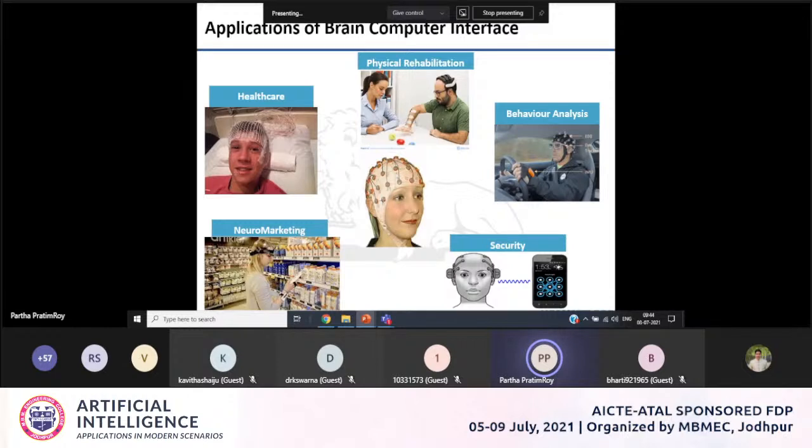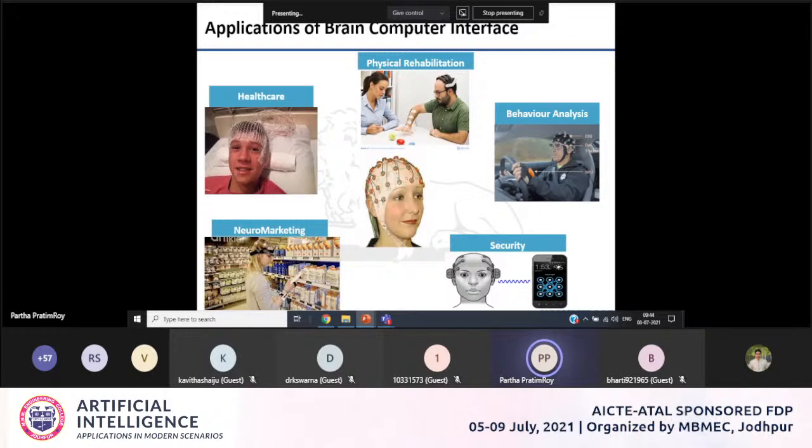For example, if you see these EEG signals, this is the ictal period. Ictal means the seizure. During the seizure period, there is this abnormal excessive discharge of neurons. Just before that, you have the pre-ictal period. From the EEG signals 2 to 3 seconds before the seizure, can we understand that he is going to have this seizure very soon?